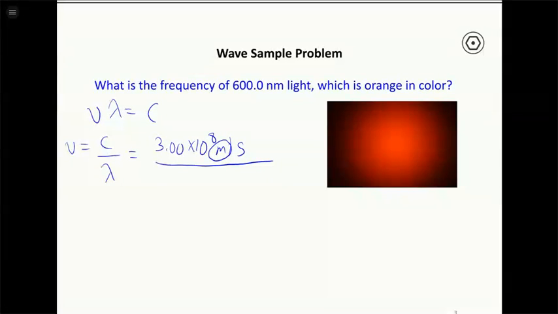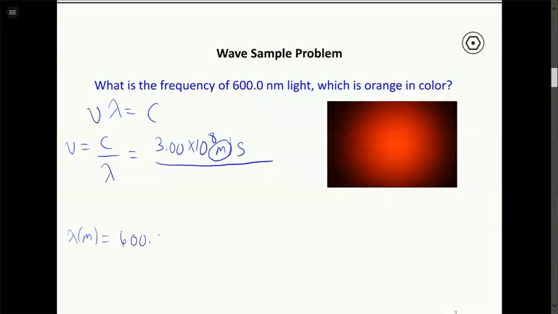We have to convert this to the correct units, which is going to be meters if we're using the standard speed of light in meters per second. So don't forget to convert the wavelength when necessary. If we want the wavelength in meters for this problem, we take that 600 nanometers and do a conversion where 1 meter has 10 to the 9th nanometers, or you could invert it and say 10 to the minus 9 meters per nanometer, either way.